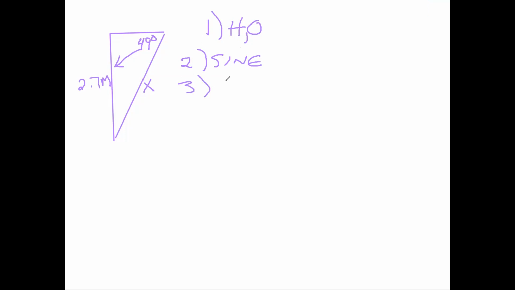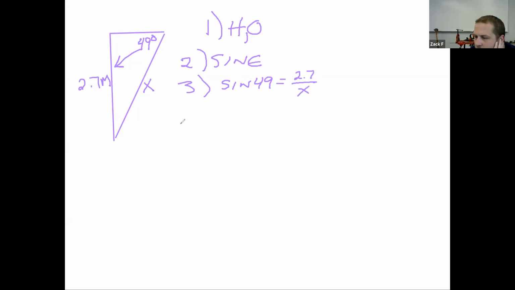So I got sine 49 equals 2.7 over X. Yep. Sine of 49 equals 2.7 over X. So if we're solving for X, the first thing we do is get it by itself on one side of the equation.